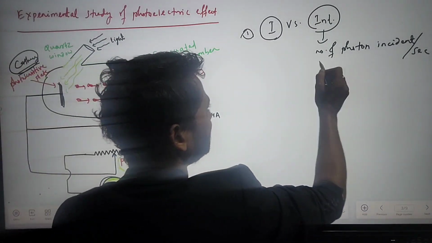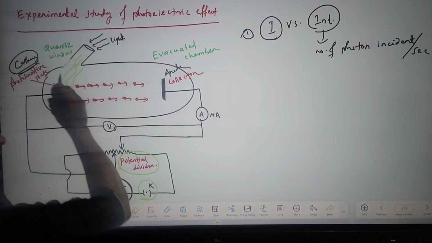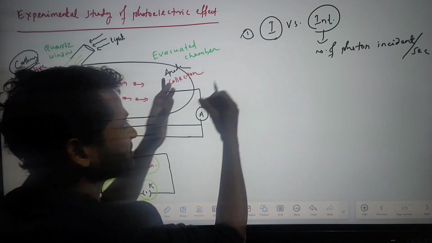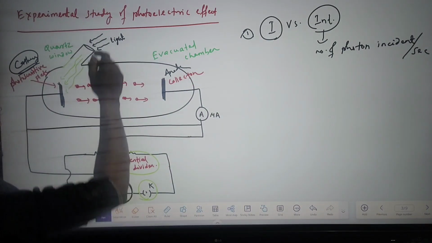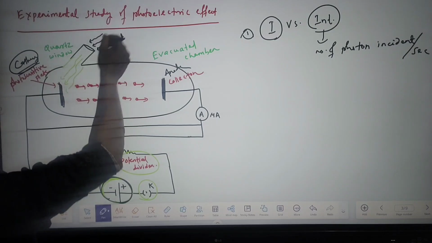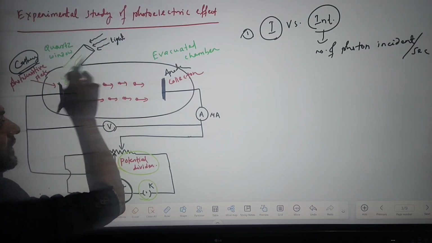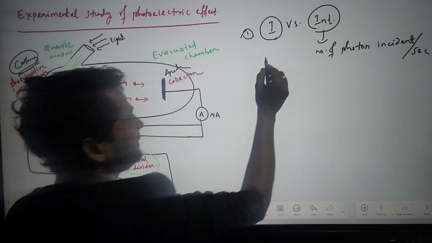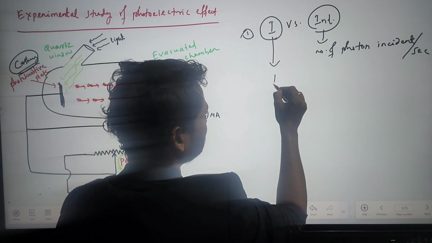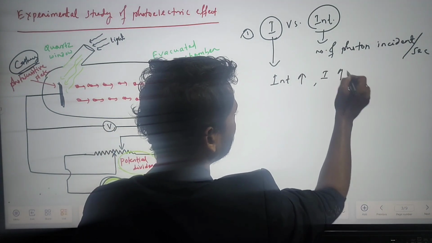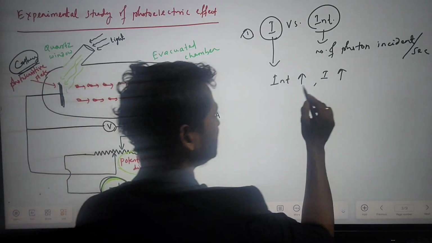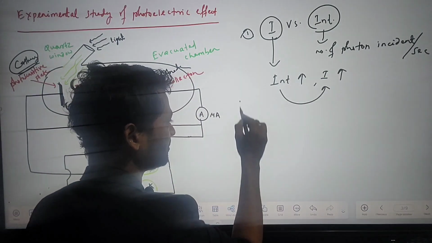So the more the intensity of light, the more the interaction between electron and photon. Understood? The more the intensity, the more the interaction between electron and photon, and then the photocurrent will be more. So we can say intensity is directly proportional to photocurrent.